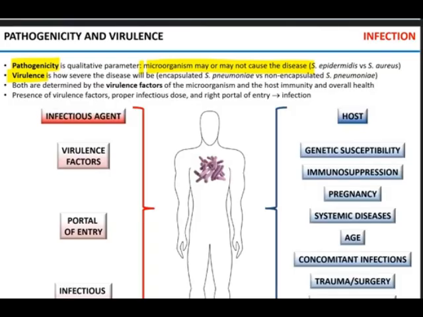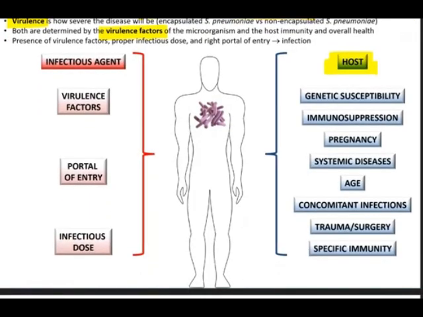So the virulence has 2 sides that determine how bad the disease is. One side is the infectious agent, which may produce different virulence factors. Another side is the host. So let's take a look at the infectious agent side. They can produce virulence factors. Now, remember the very first unit where we talked about the capsule? What are the functions of the capsule, if anyone remembers? Protection from phagocytosis, yes.